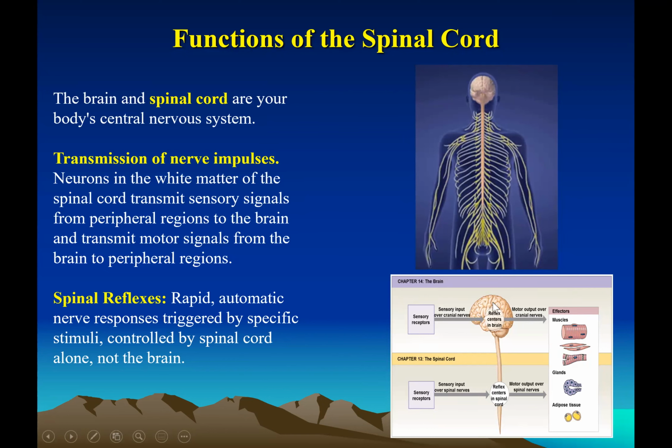Your brain might command your bicep to contract. It can also communicate with a gland, asking it to secrete a hormone maybe, or with adipocytes, asking them to release fat for energy.